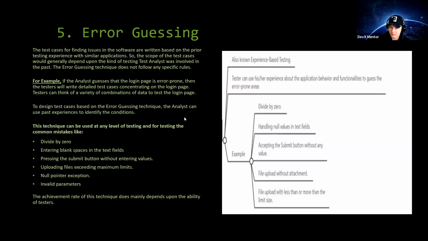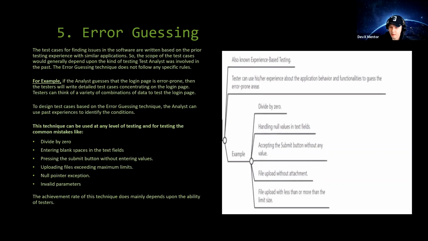For example, if the analyst guesses that the login page is error prone, then the testers will write detailed test cases concentrating on the login page. Testers can think of a variety of combinations of data to test the login page. To design test cases based on the error guessing technique, the analyst can use past experience to identify the conditions. This technique can be used at any level of testing.